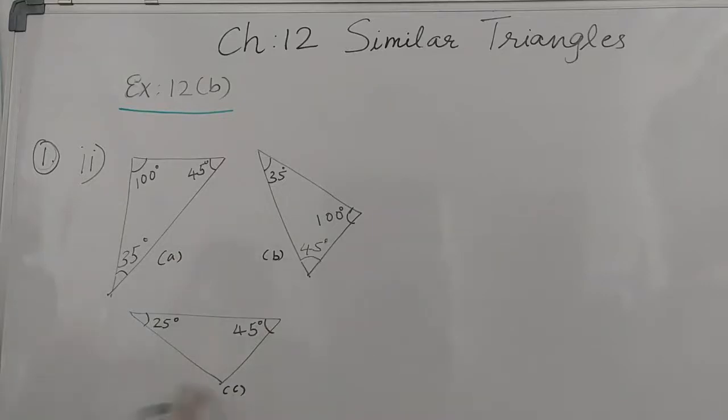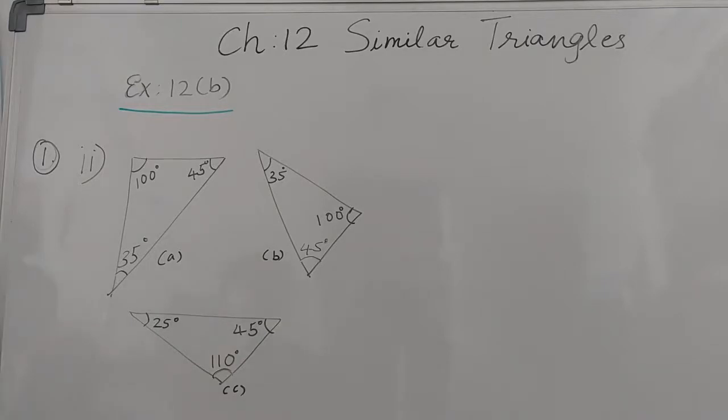But what about the third triangle? Here the angles are 25 degrees and 45 degrees. The sum of them is 70 degrees, so the third angle must be 110 degrees, so that by angle sum property the sum of the three angles is 180 degrees. So you can say these two are similar, but triangle C is not similar.